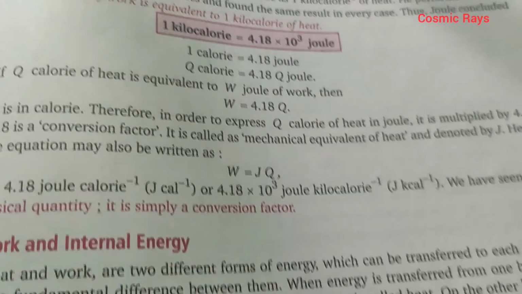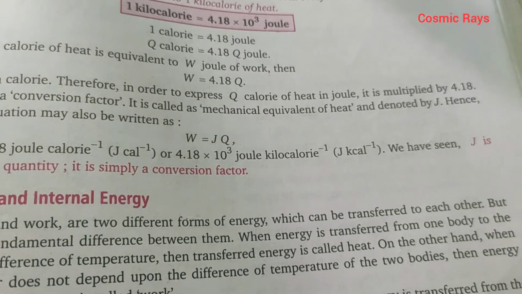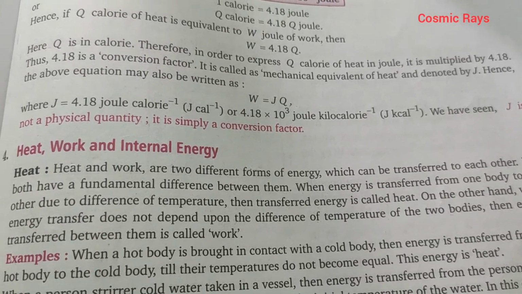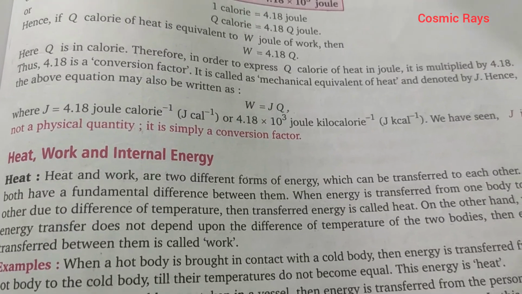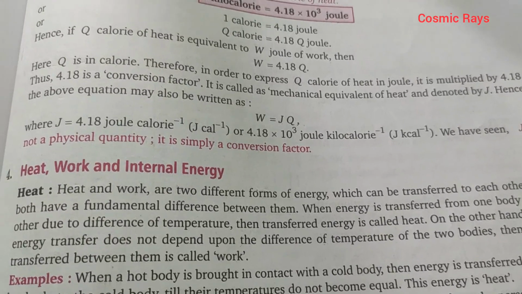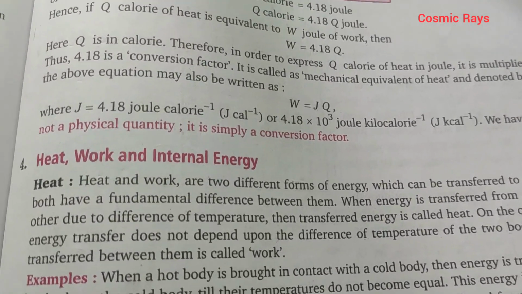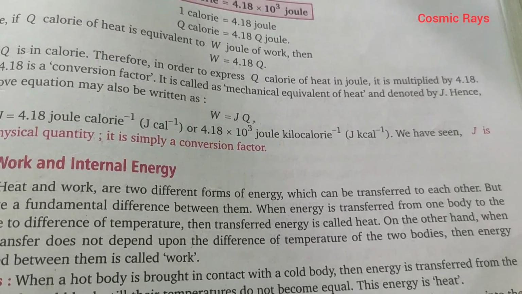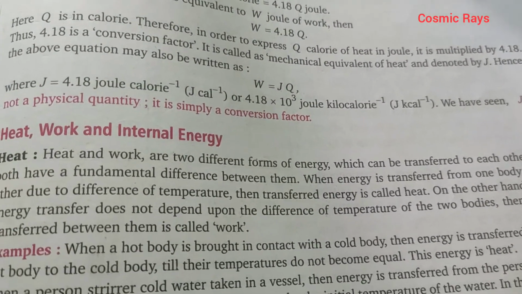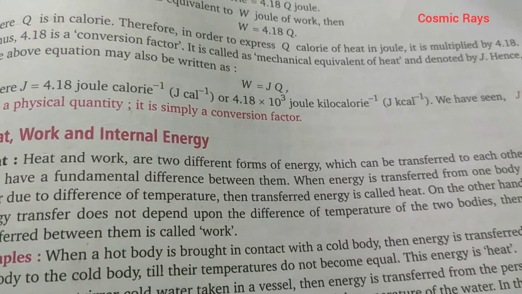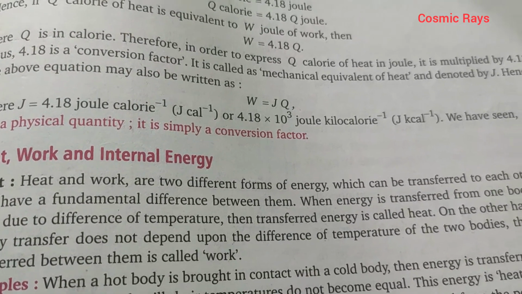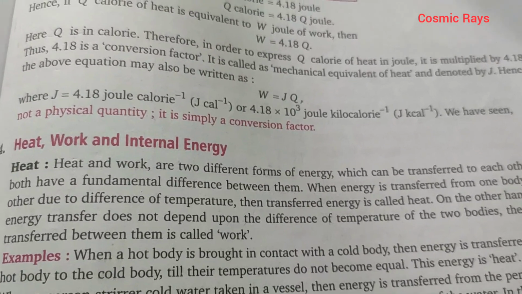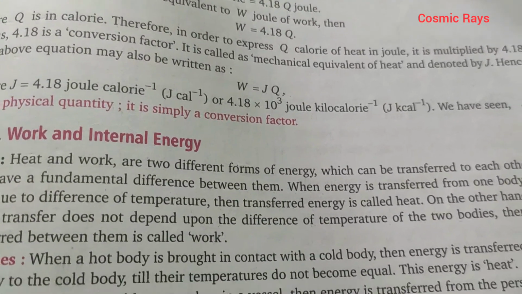Now, we have seen that energy can be transferred from one body to another body either by means of a temperature difference or by doing some physical work. Now, if we transfer heat from one body to another and that transfer takes place due to the difference in temperature, then the energy transferred will be called heat.